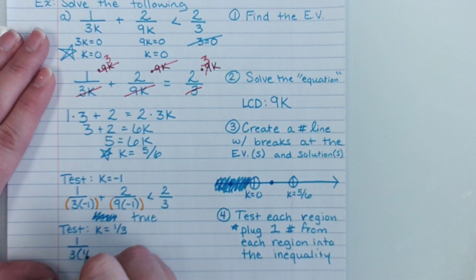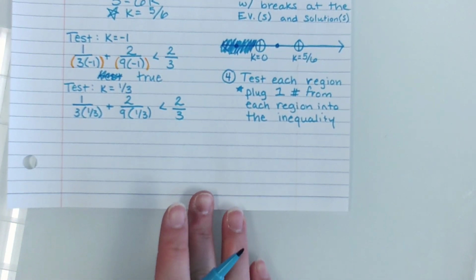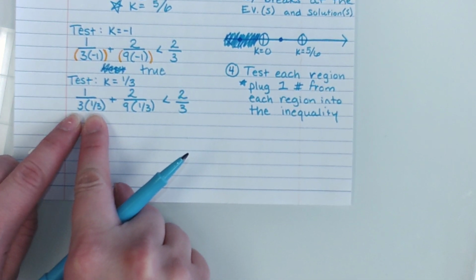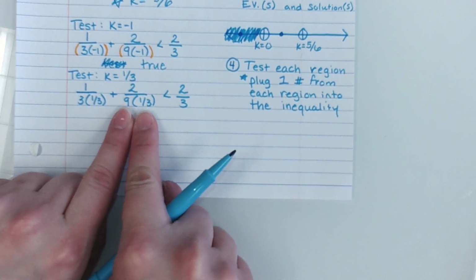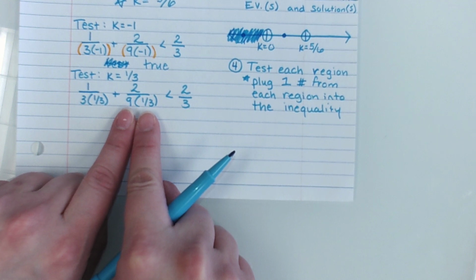1/3 times 1/3 plus 2/9 times 1/3 is less than 2/3, or at least that's what we're checking. Isn't that a nice, easy multiply? 3 times 1/3, 1. 9 times 1/3, isn't that a nice, easy multiply? Yeah. That's why I chose 1/3.